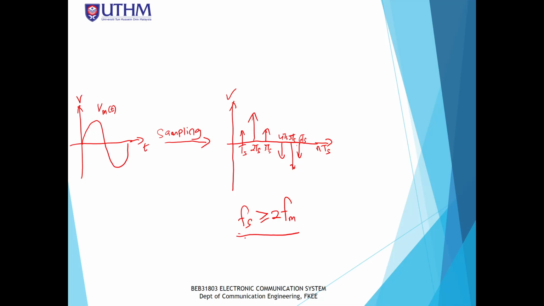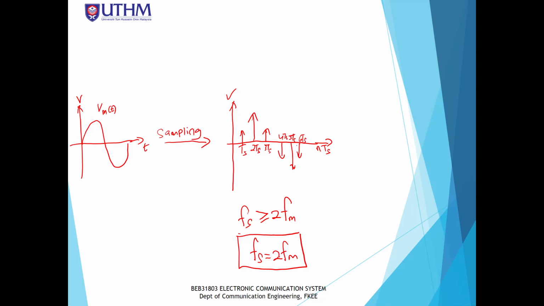That means the minimum sampling rate would be Fs equal to 2 fm. This is the minimum, but in the practical case we sample at more than 2 fm. Remember, fm is the highest, the maximum input frequency.